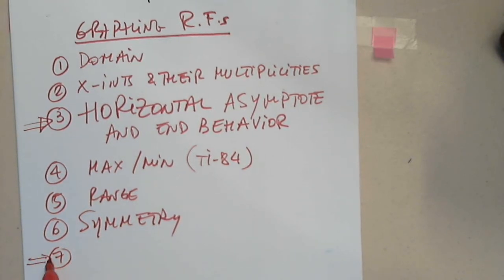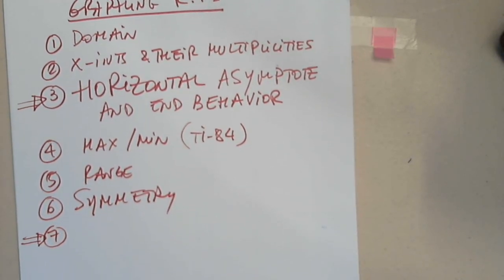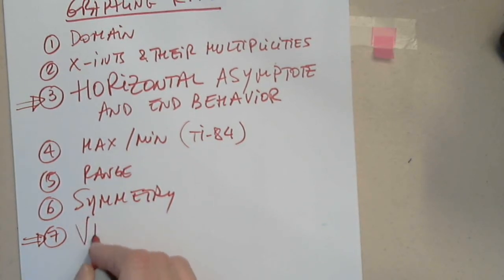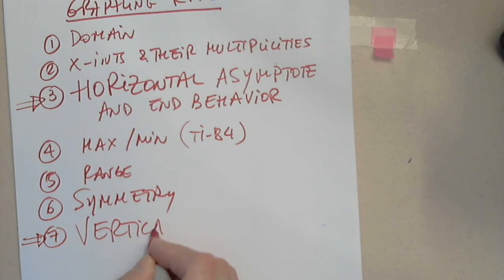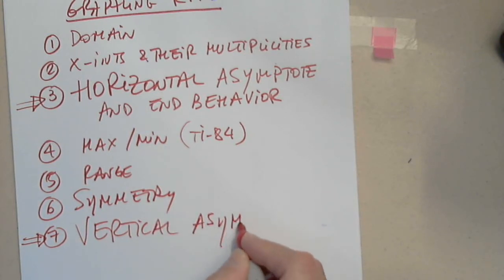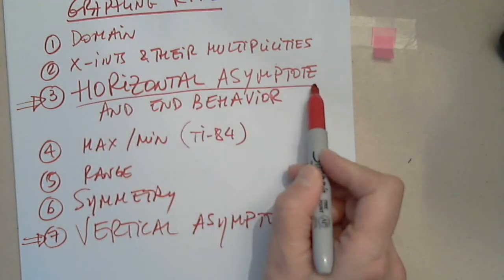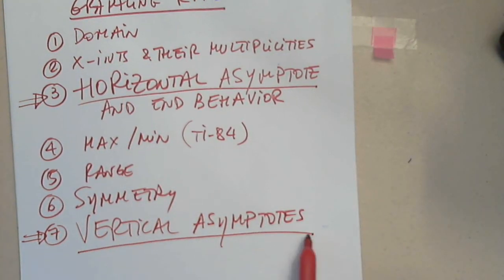And this will be another item that does not exist for polynomial functions. And this is vertical asymptotes. So this and this are new. Everything else is known.